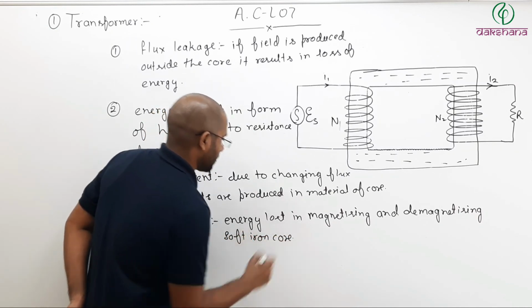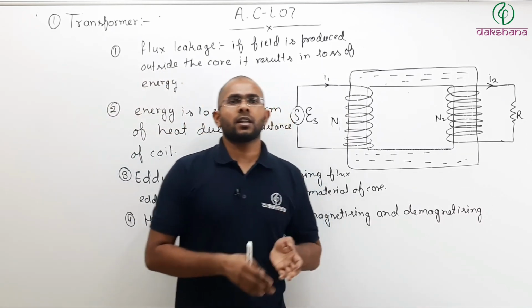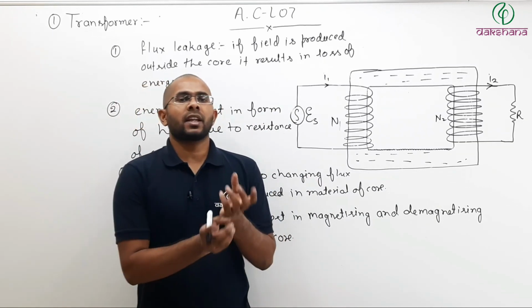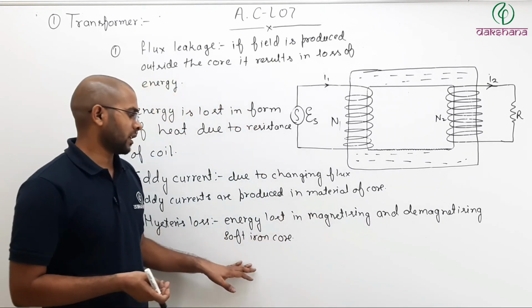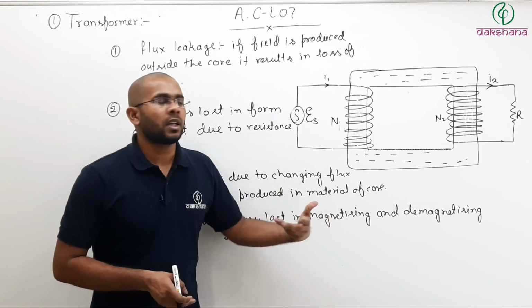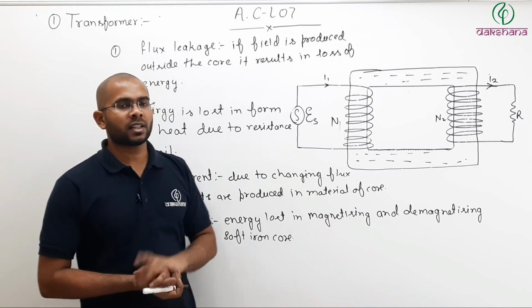Now that is one of the reasons why soft iron core is used, because energy loss in soft iron core is less. Another reason is that it is very easy to magnetize and demagnetize your soft iron core. So it may be asked why soft iron core is used in the core of the transformer. There are two reasons.